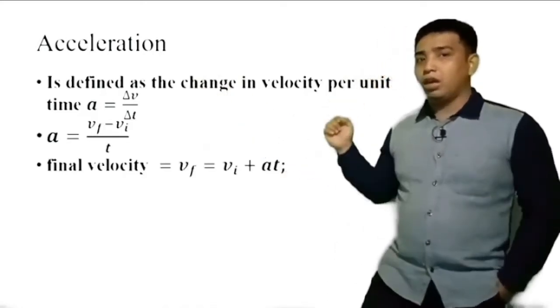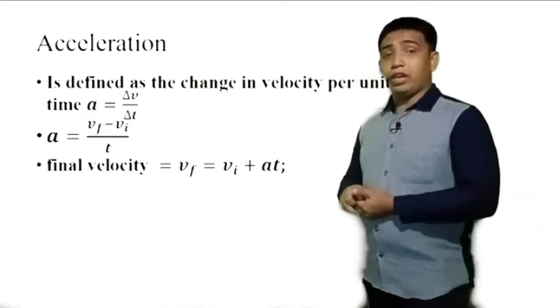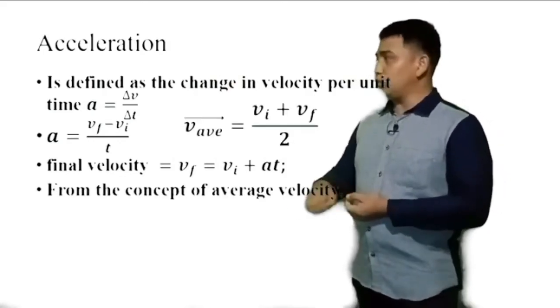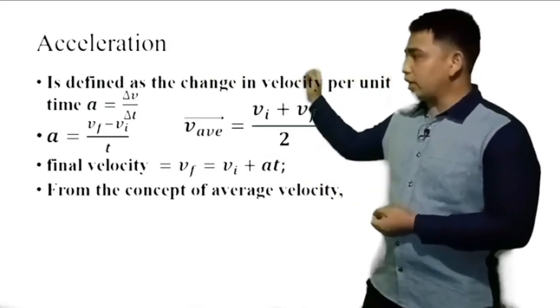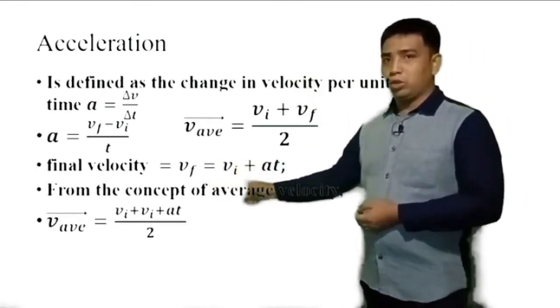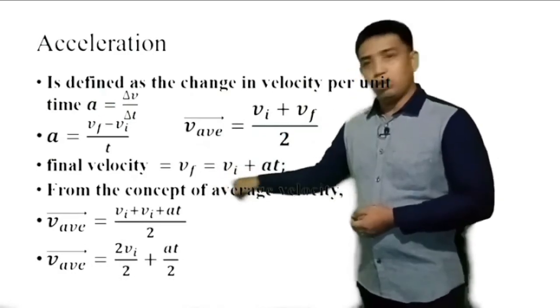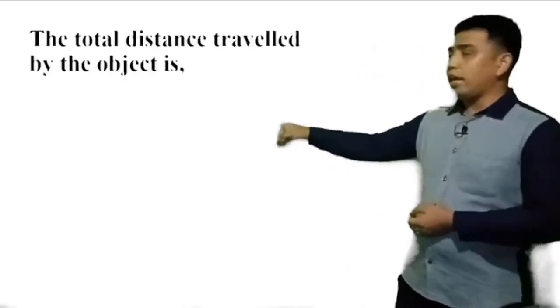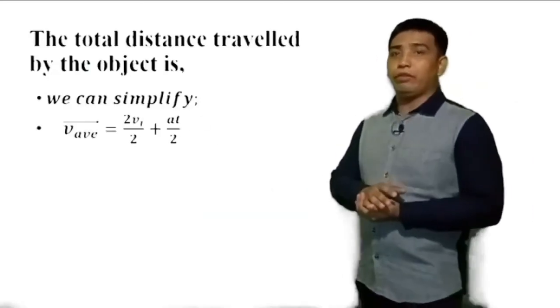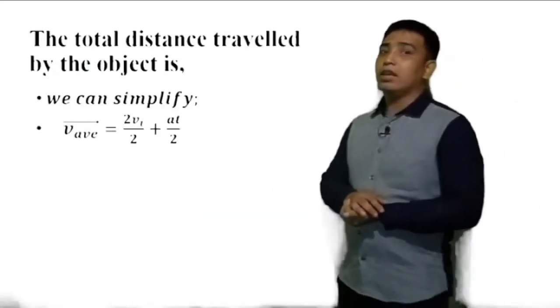I'm going to show you a quick derivation of this. Define the average velocity using the formula for Vf and substitute it here. And we will get average velocity now is equal to 2Vi plus at all over 2. Okay, so we go ahead and simplify the formula that we have just derived.